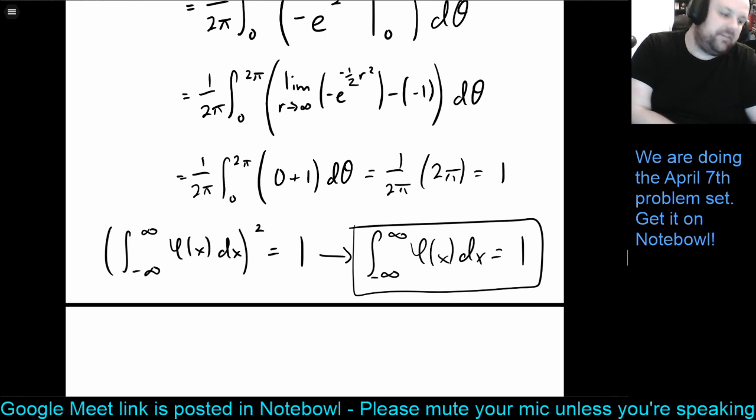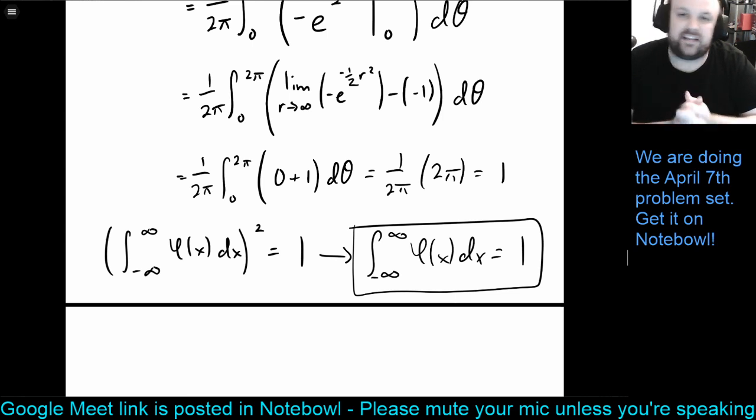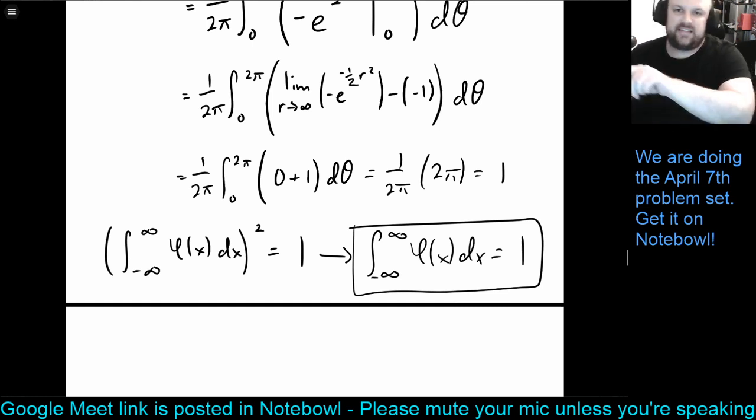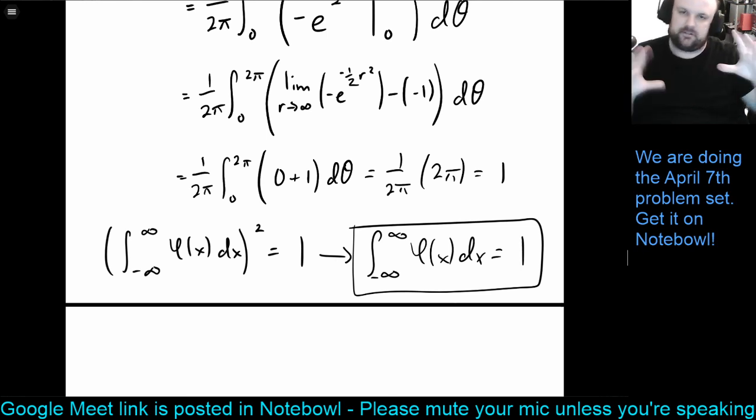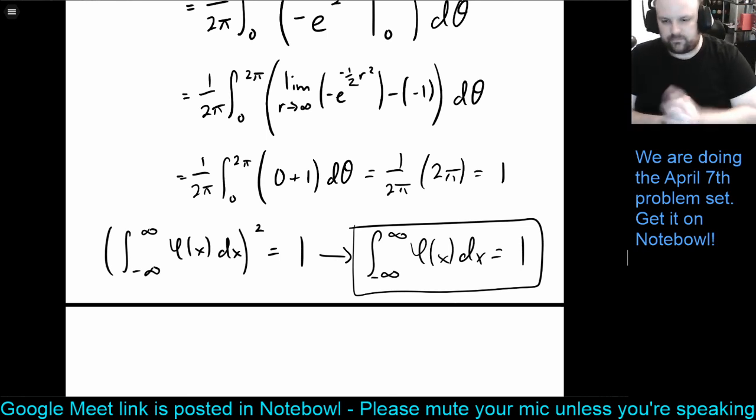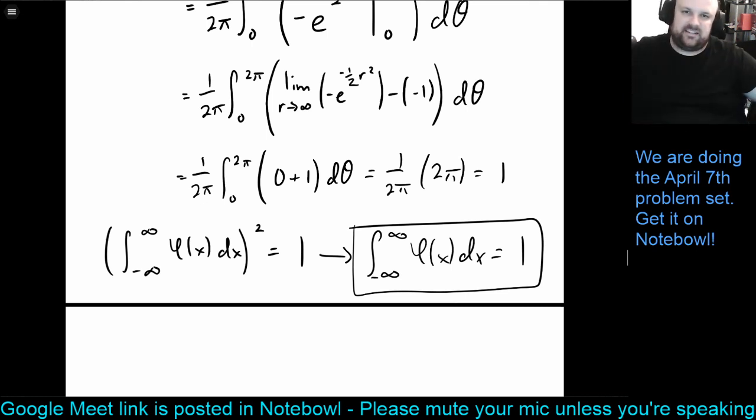So even if you use a different normal distribution that has, say, a standard deviation that's not 1, or a mean that's not 0, so the graph of this is that famous bell curve. And the standard deviation says how sharp that bump is in some sense.